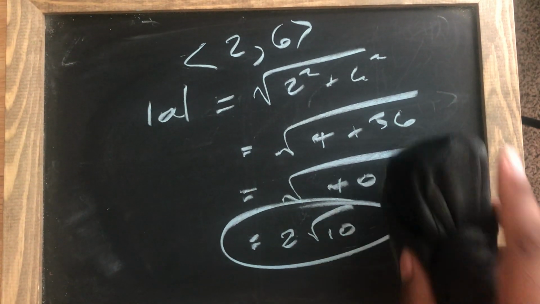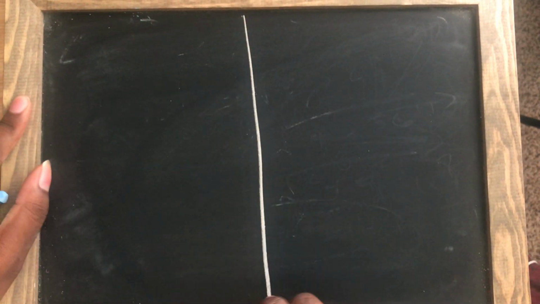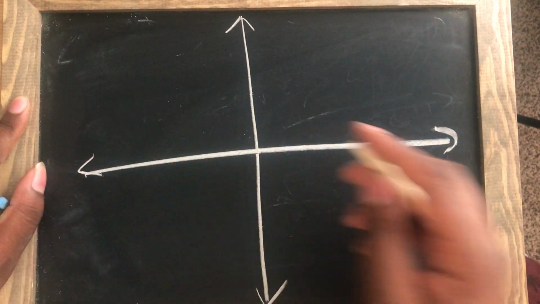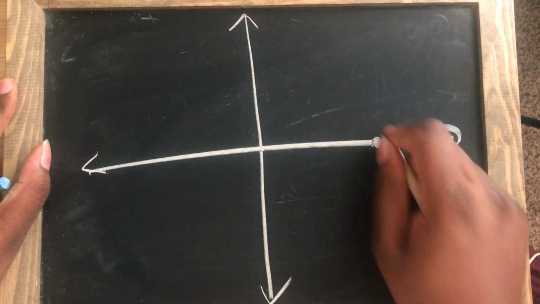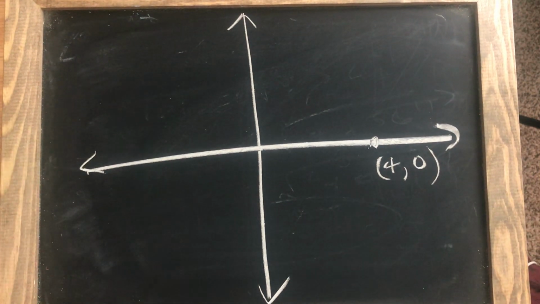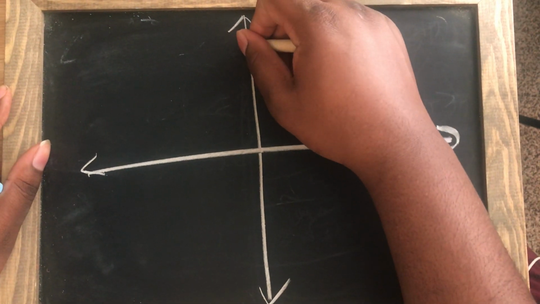All right, so let's determine some components given some points, okay? So let's say that I've got an initial point (4, 0), and I have a terminal point.